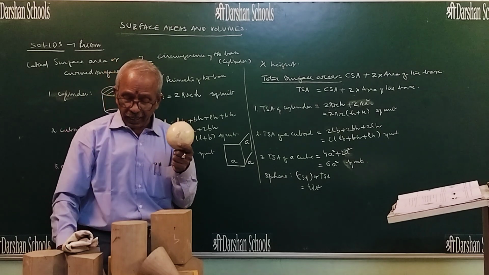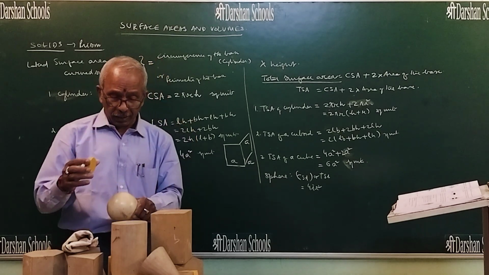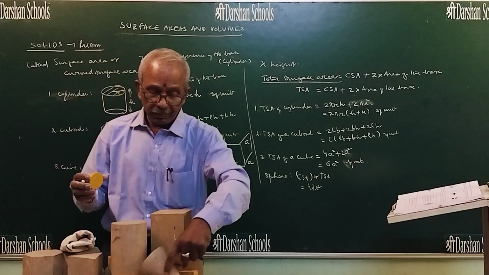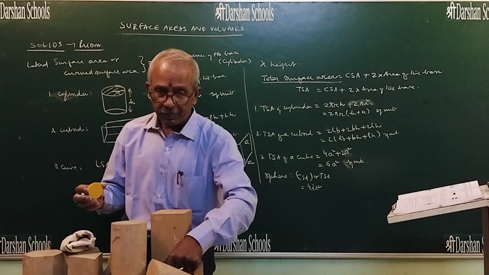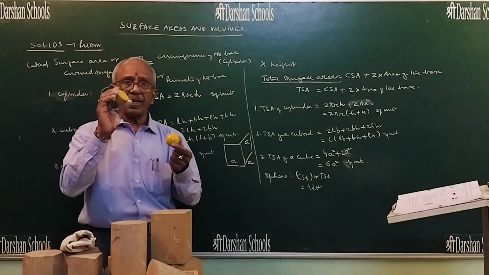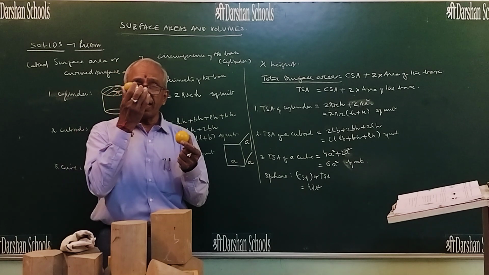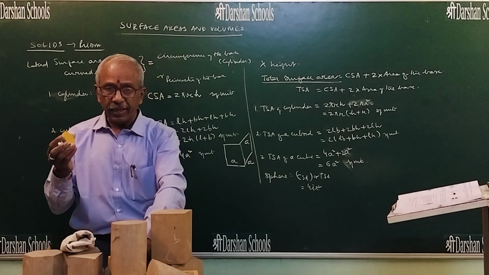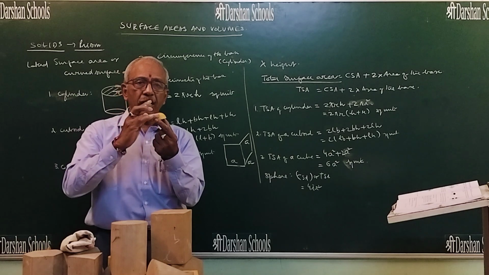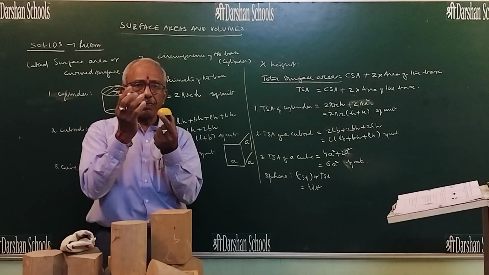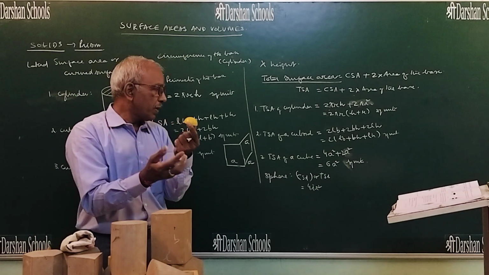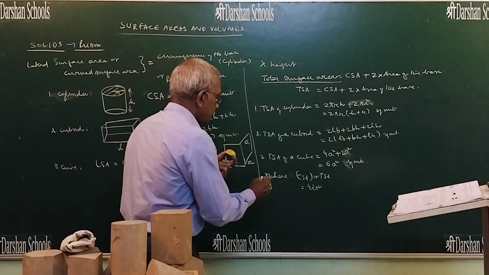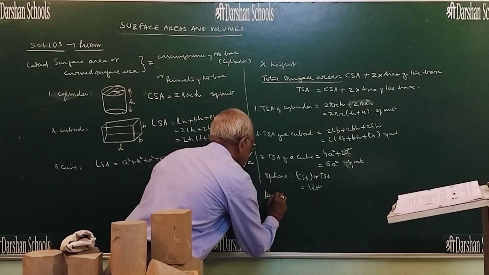If I consider a hemisphere, this is half of the sphere. If I consider a sphere, this is a sphere, half of the sphere is this. The hemisphere, you have two things again. This is curved surface area, half of the surface area of the sphere. So this is hemisphere.